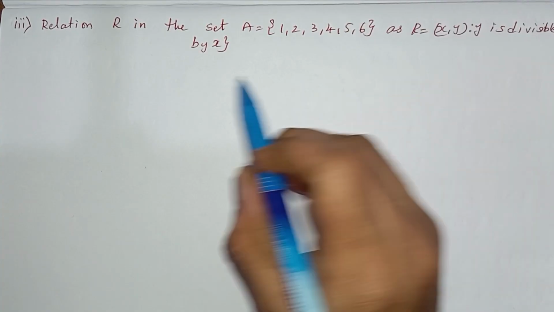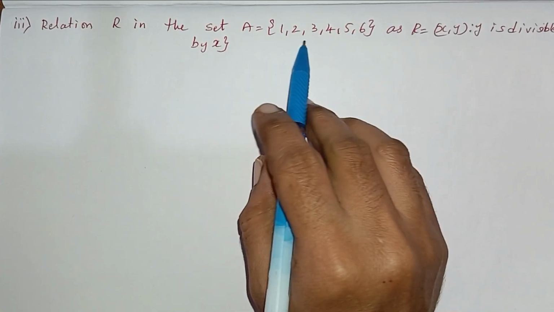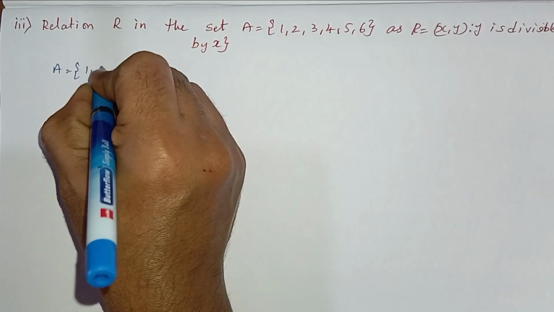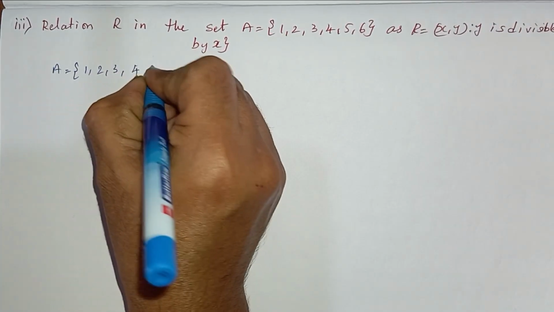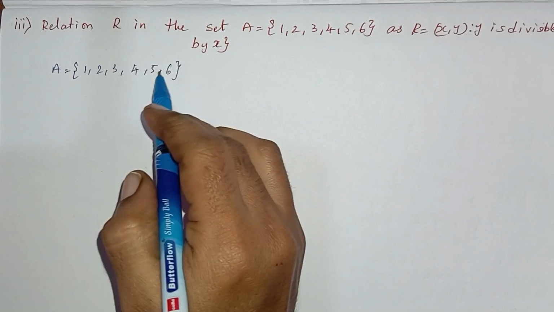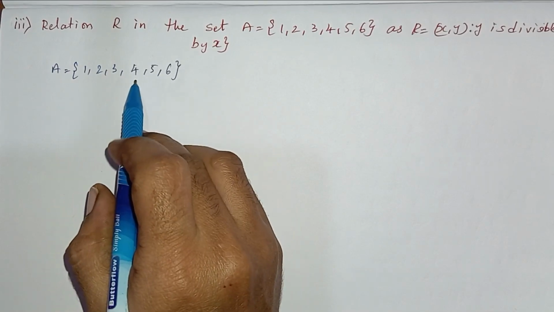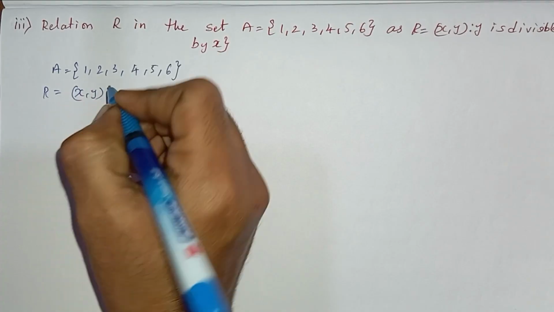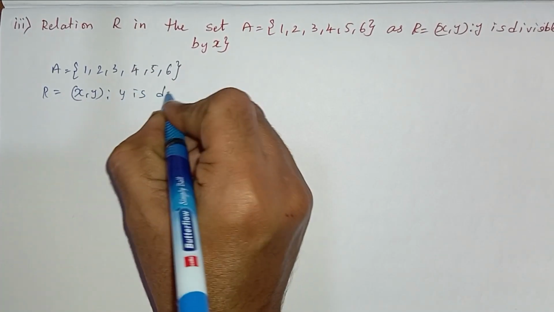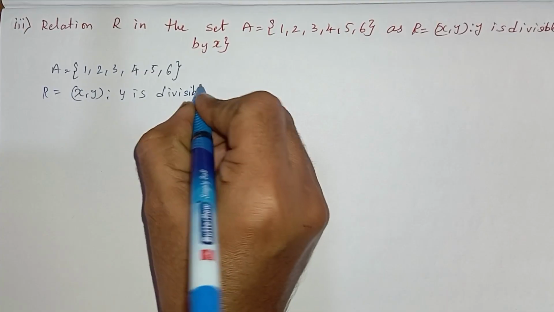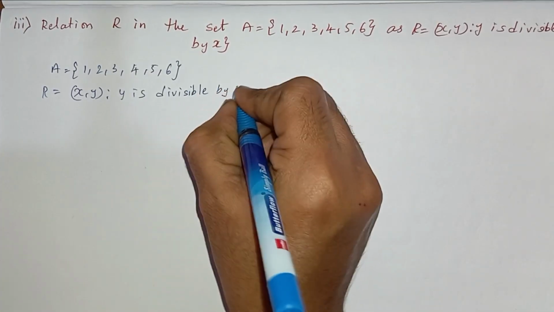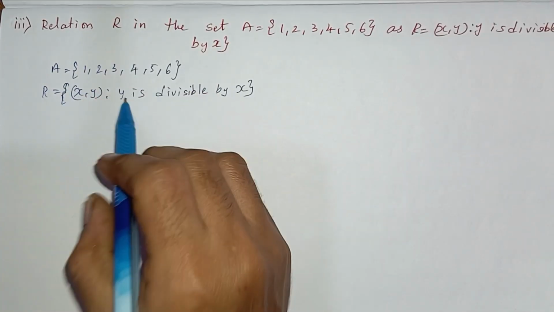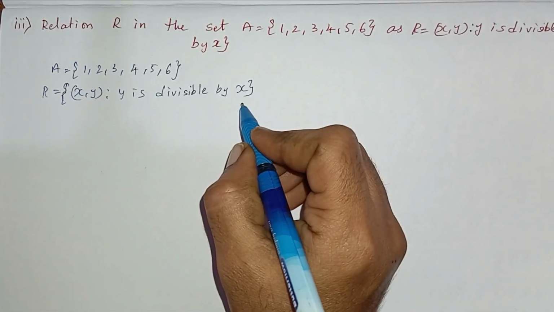Y is divided by x. So here they have given us a set A equal to 1, 2, 3, 4, 5 and 6, and the relation is given where x and y are related such that y is divided by x.